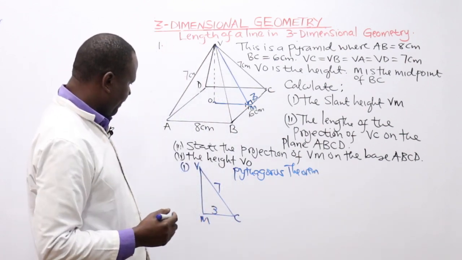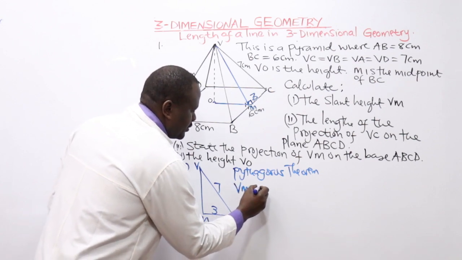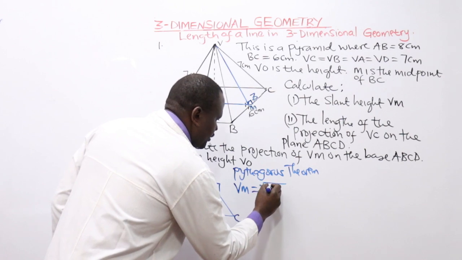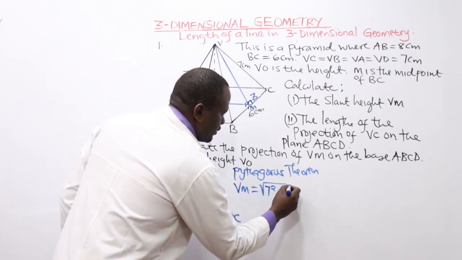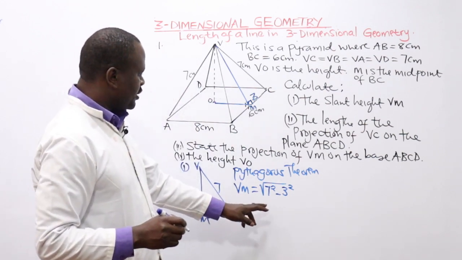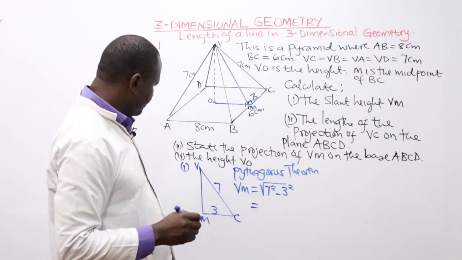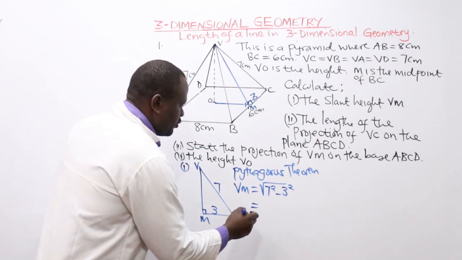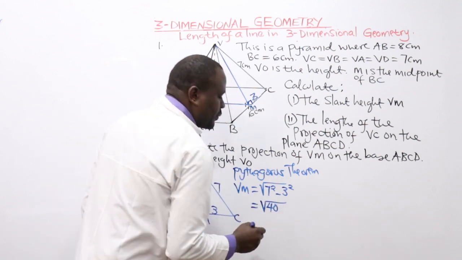So we say VM is the square root of the longest side, 7 squared, minus 3 squared. VM will be 49 minus 9. 49 minus 9 will be the square root of 40.